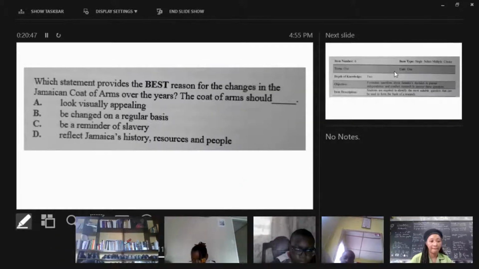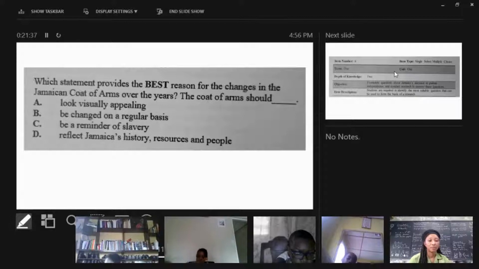Coleman, please read. Which statement provides the best reason for the changes in the Jamaican coat of arms over the years?